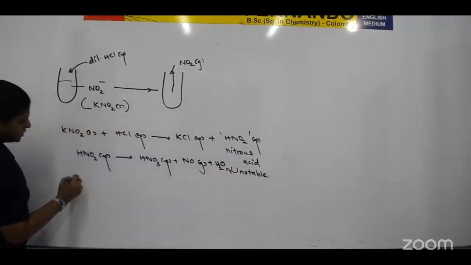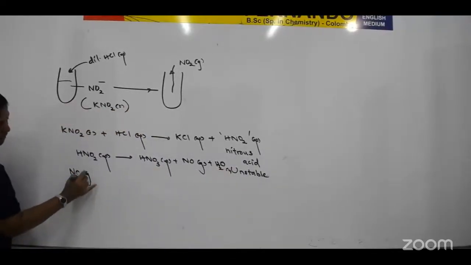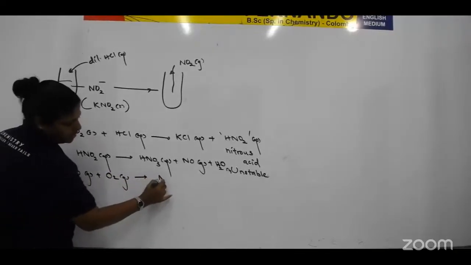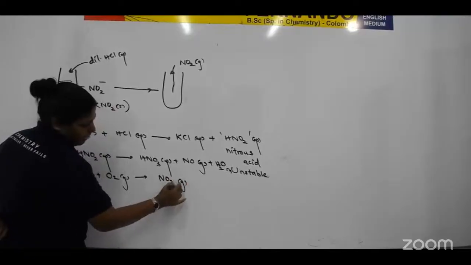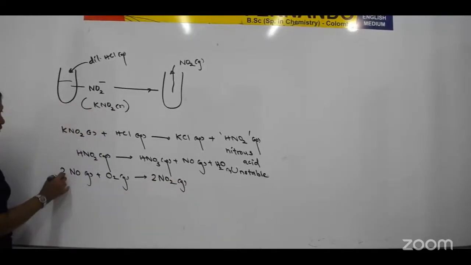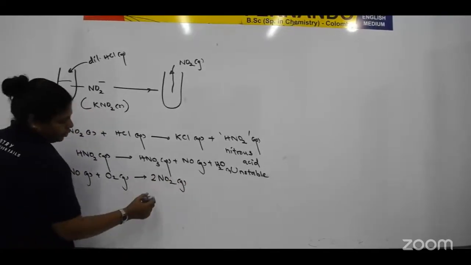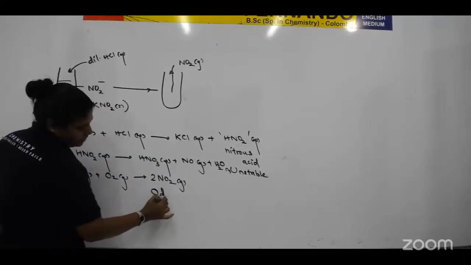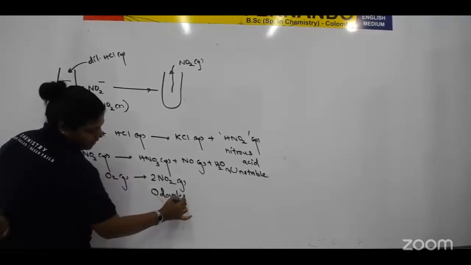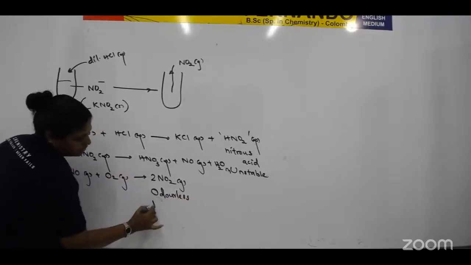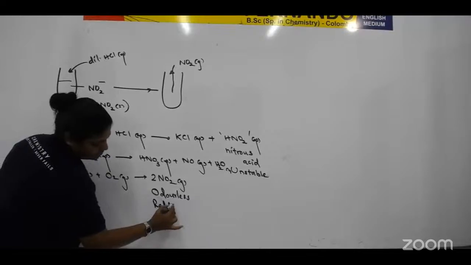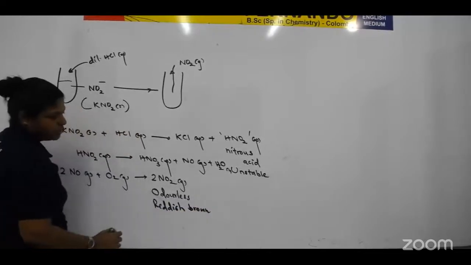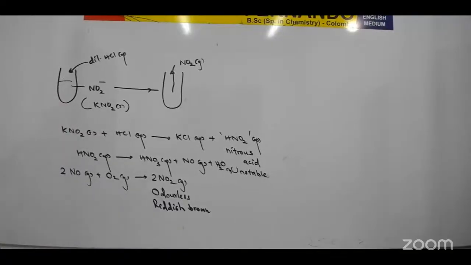Then NO gas reacts with atmospheric oxygen to produce NO2 gas. So this is the way of producing NO2. NO2 has no specific smell, but is a reddish brown gas. Reddish brown gas.